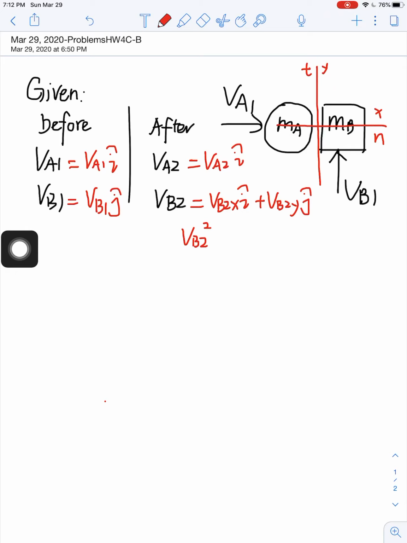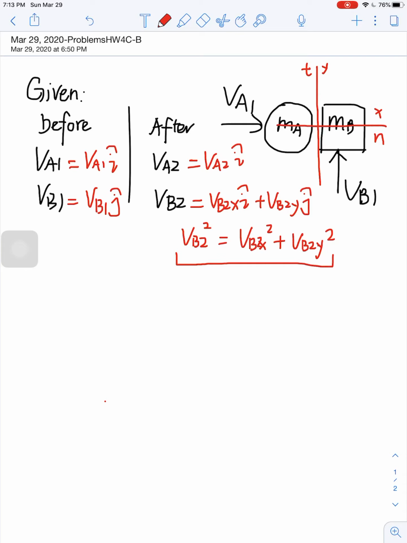So VB2 squared should equal VB2x squared plus VB2y squared. This is a relationship we have between VB2 and VB2x, VB2y. That's very important information you may need later.